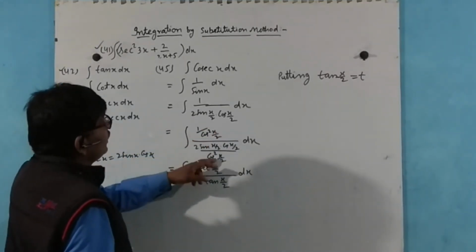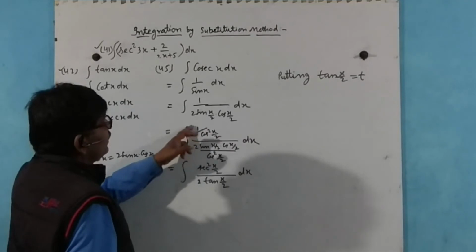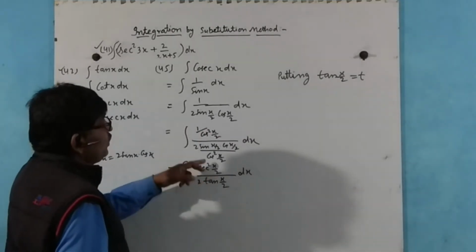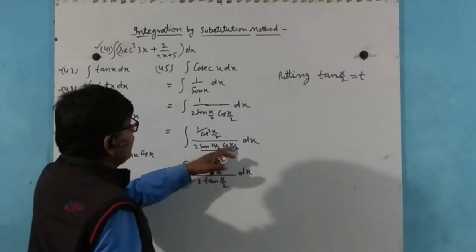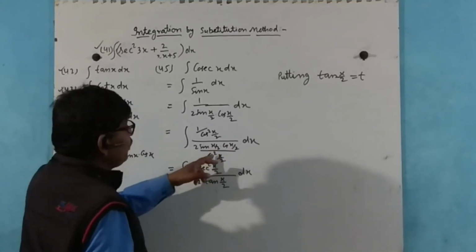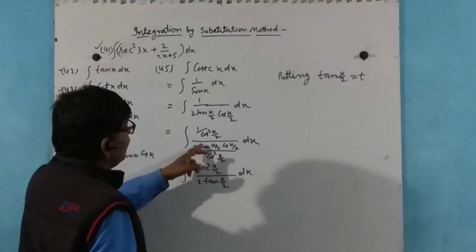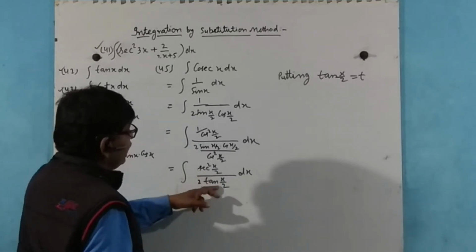Here cos square x by 2 converts to sec square x by 2, and in the denominator we remove only one cos x by 2, so sin x by 2 over cos x by 2 is tan x by 2.